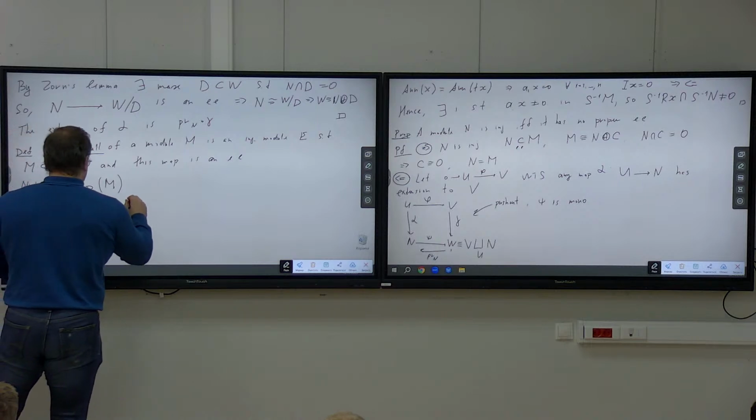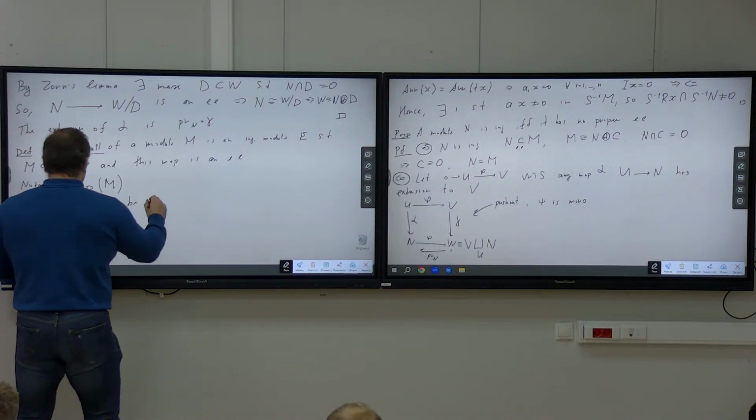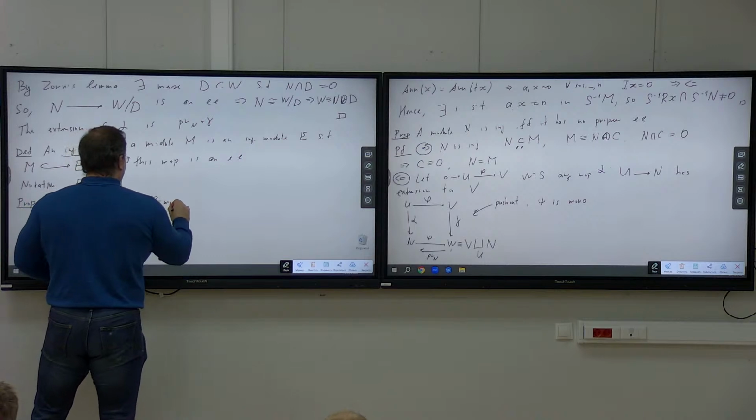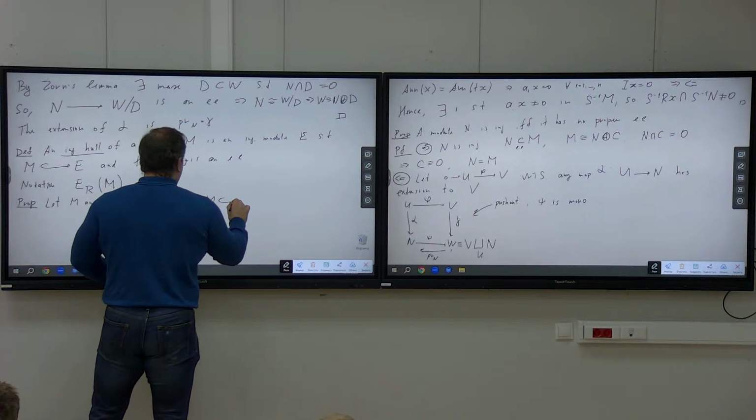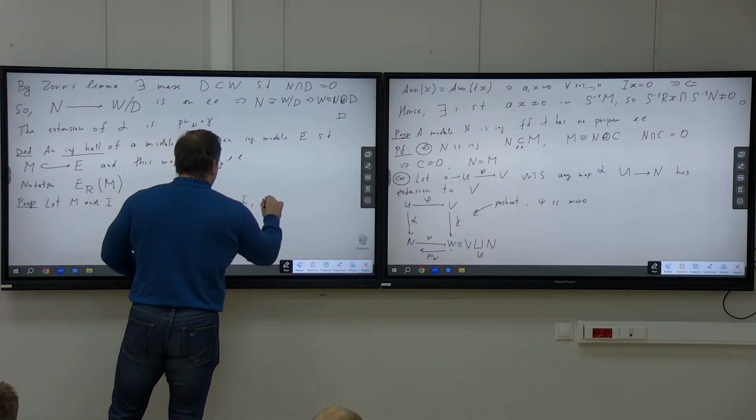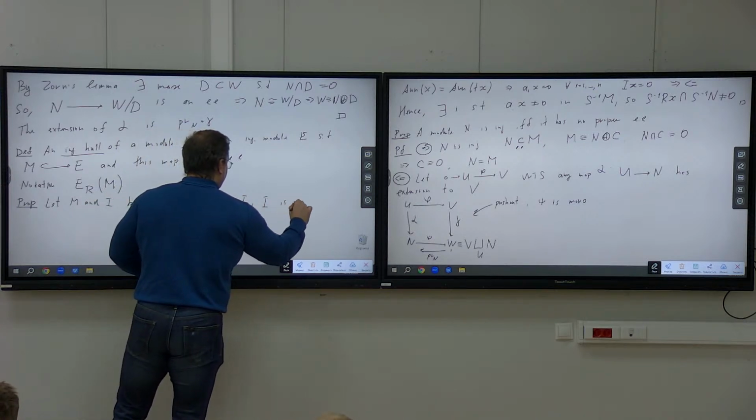So let M and I be our modules. I assume that M is embedded into I, and I also assume that I is injective.